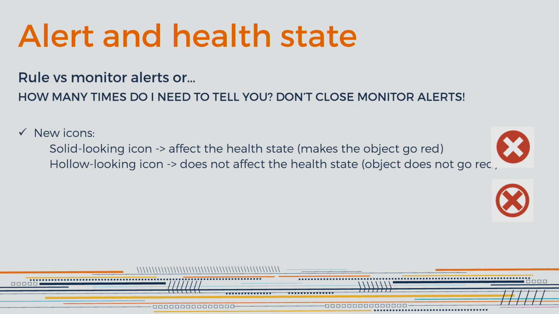We've gone with this solid versus hollow to give the idea that if you see that solid color, it is changing the health state. It's affecting your dashboards. The icons on the bottom, the hollow looking ones, do not affect the state of the object. They do not affect your dashboard. So hopefully really clearly and instinctively, you can see the difference and manage alerts appropriately.